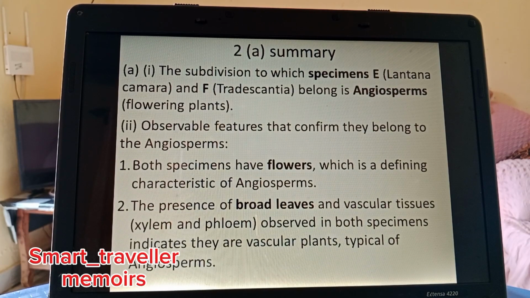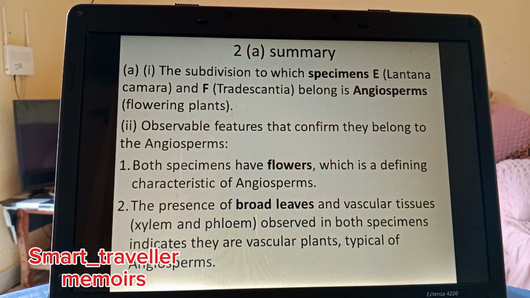Summary of 2A. The subdivision to which specimen E, or Lantana camara, and F, Tradescantia, belong is angiospermae or angiospermaphyta, flowering plants.